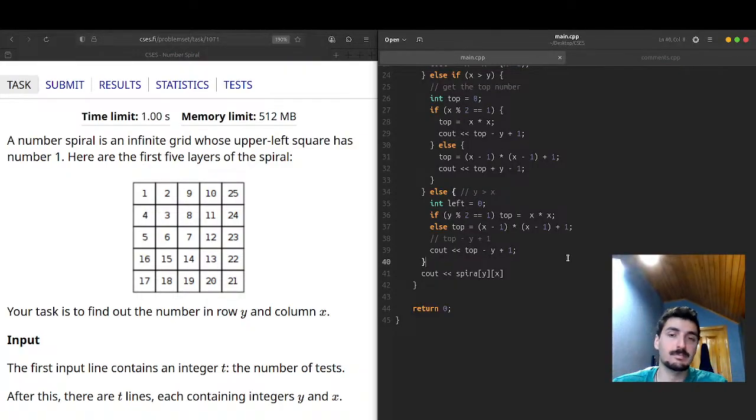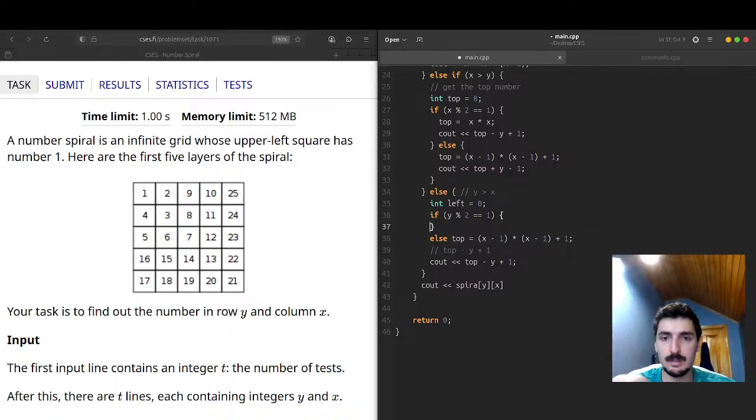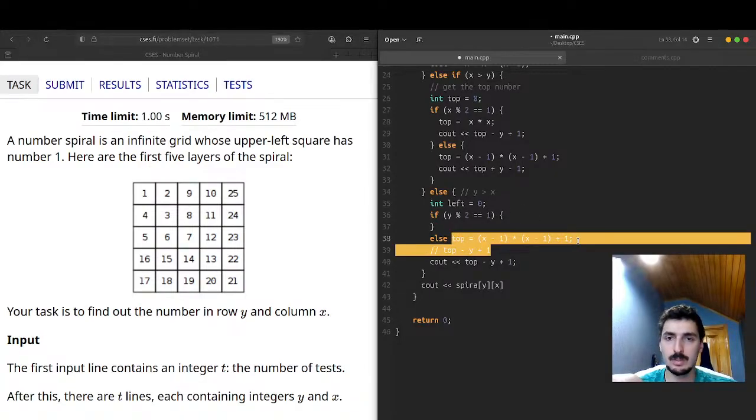Constantly thinking about other things also. Alright, we have to come up with the left number. At first, we just have to come up with the left number, and then we'll come up with the right number.